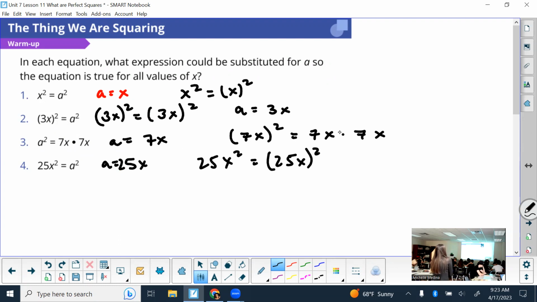So if I do that, I get 50x squared. Is that the same as the left side? No. So this one was kind of trickier. So it shouldn't be 25x. Hayden, what do you think it should be? 5x. Let's see if that works.